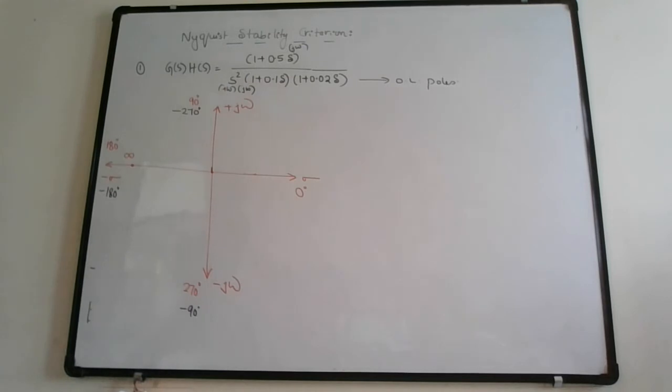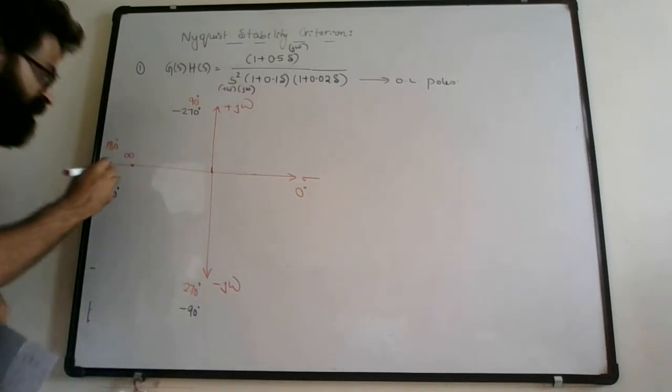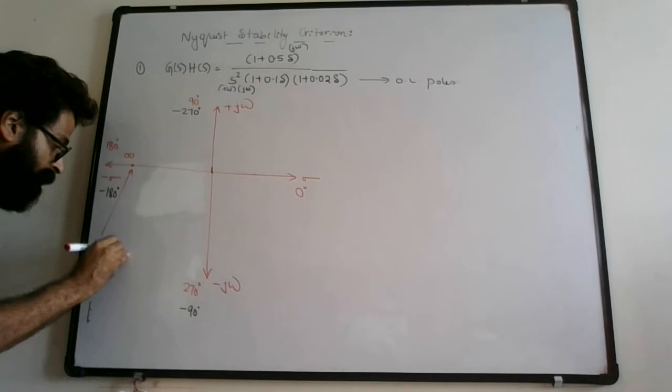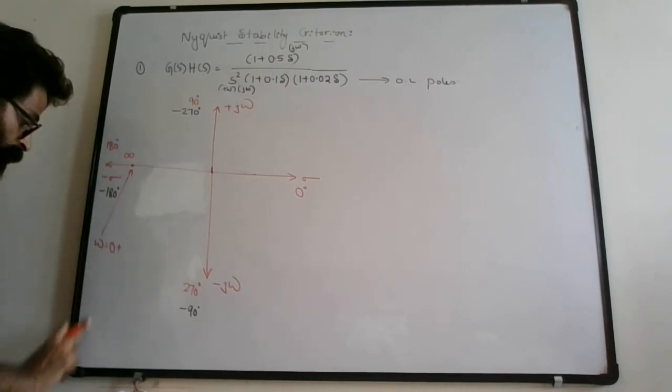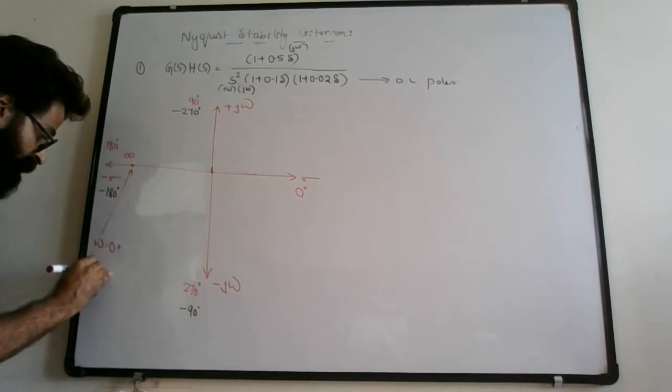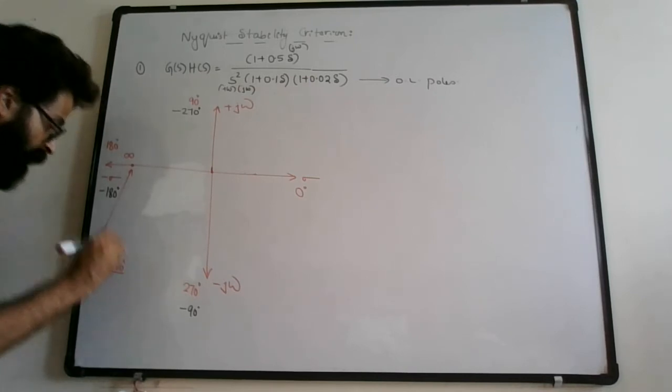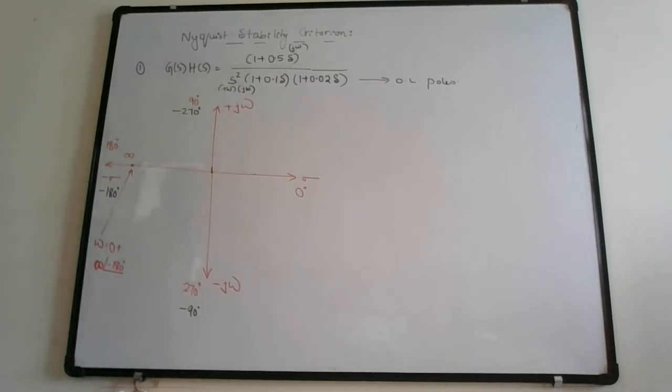I'm just assuming that somewhere here the infinity is lying. So this point corresponds to omega equal to 0 plus, at which magnitude is infinity and angle is minus 180 degrees. So we are done with section 1.